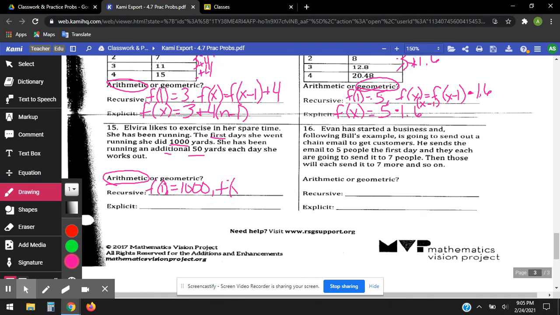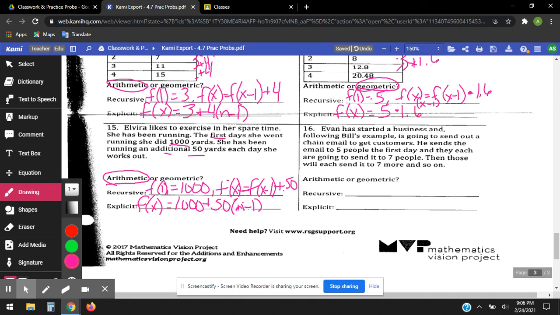So f of x equals f of x minus 1. What does she do each time? Plus 50. So my explicit f of x equals my first term, 1,000, plus 50 repeatedly, but I need to get rid of that first term.